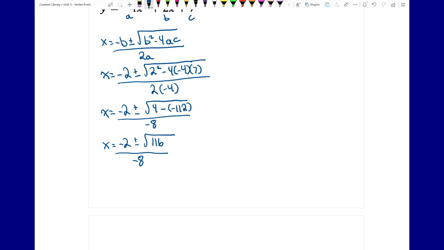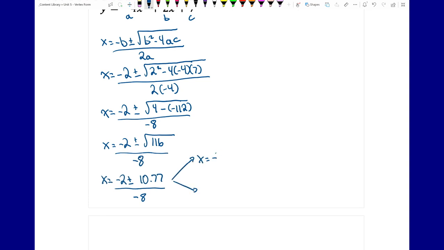And have x equals negative 2 plus or minus 10.77 divided by negative 8. I'm going to split my equation up into two parts.